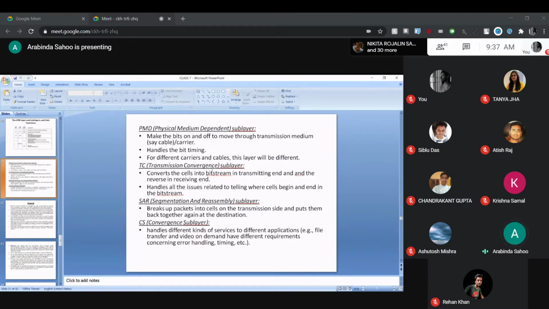Next, it handles the bit timing. If you combine PMD and TC, it is basically your physical layer. So what is the functionality of each sublayer? Write down: make the bits on and off to move through the transmission medium, say cable or carrier.